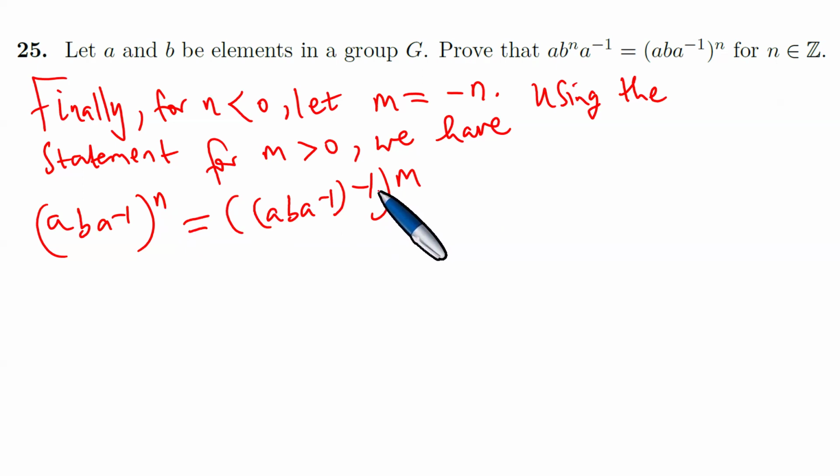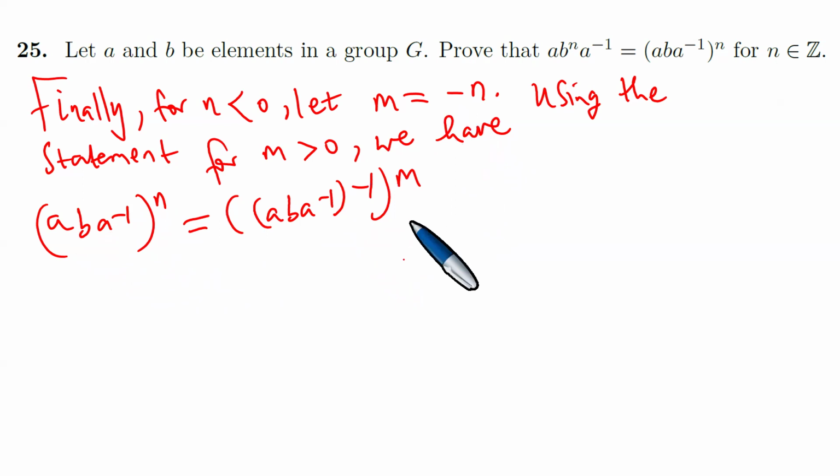So indeed, this is correct. And the minus m is the power over the a, b, a minus 1, but now we can just factorize. But this m equals minus n is necessary.